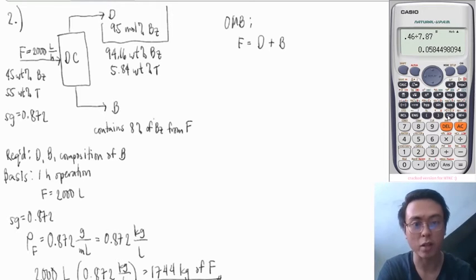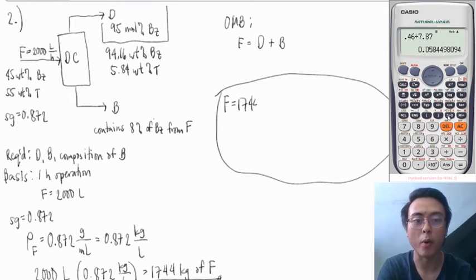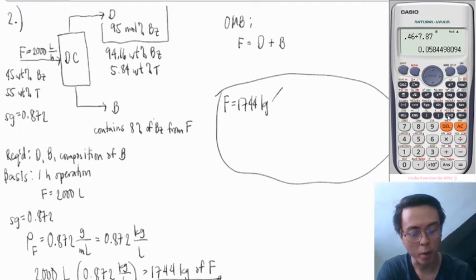Let's have another round of mini calculations. In stream F, which is 1,744 kilograms, it composes of two components. The first component is, of course, benzene. The second component is toluene.